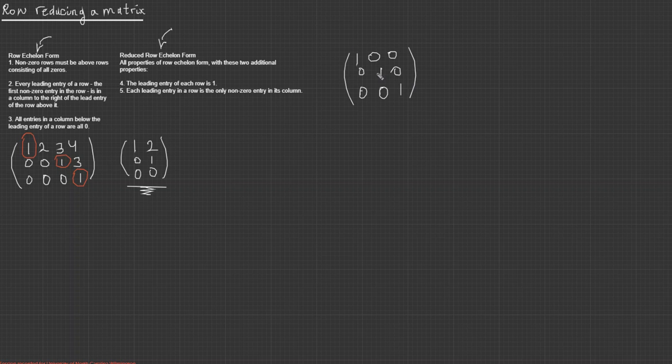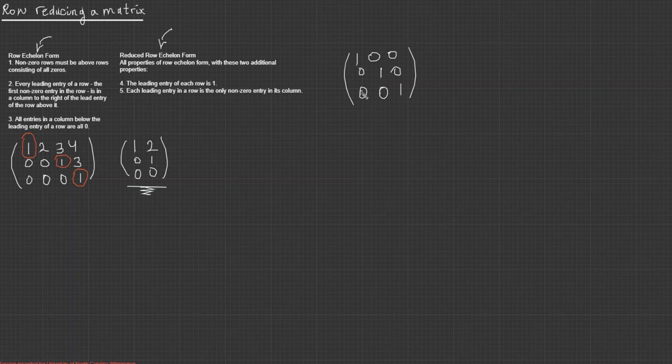So this matrix is in reduced row echelon form because, if we compare this matrix with all 5 of these properties, we can see property 1 is satisfied because, in this case, we don't actually have any 0 rows. Looking at number 2, each leading entry is to the right of the one above it. All entries in a column below the leading entry of a row are all 0.